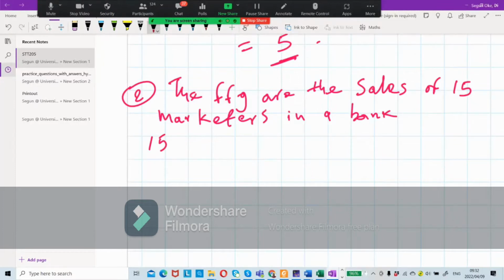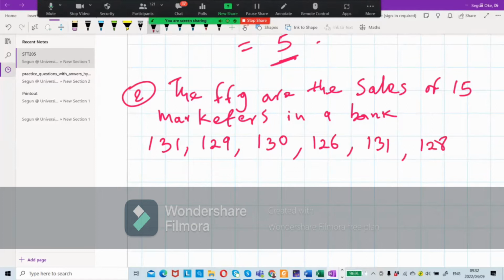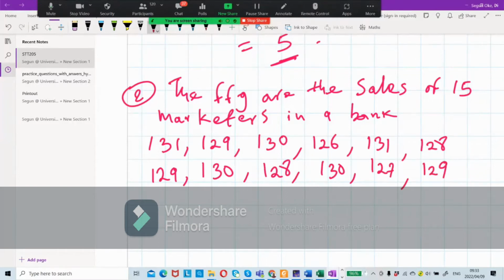We have 15 figures: 131, 129, 130, 126, 131, 128, 129, 130, 128, 130, 127, 129, 127, 128, and 129.